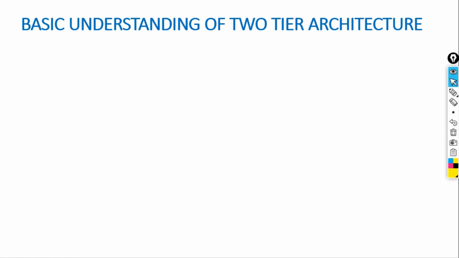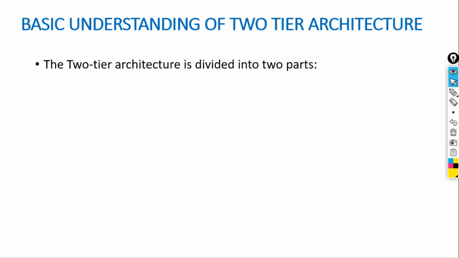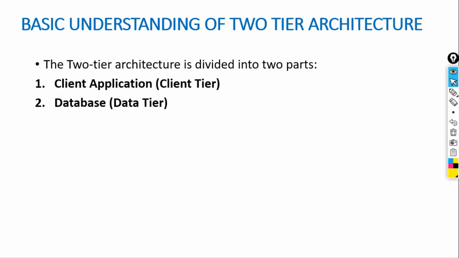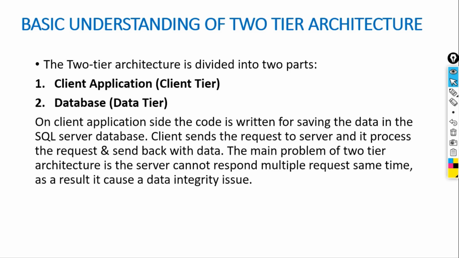Basic understanding of two-tier architecture. The two-tier architecture is divided into two parts: client application and database. On the client application side, the code is written for saving the data in the SQL Server database. Let me repeat once again.